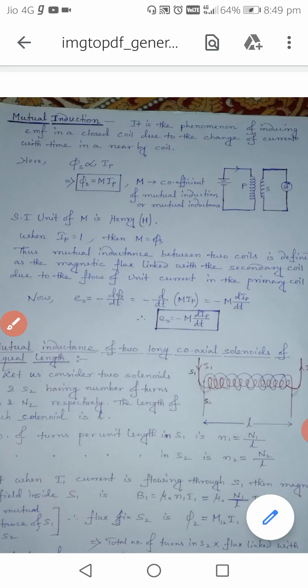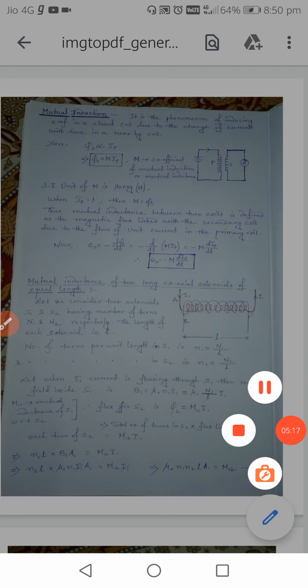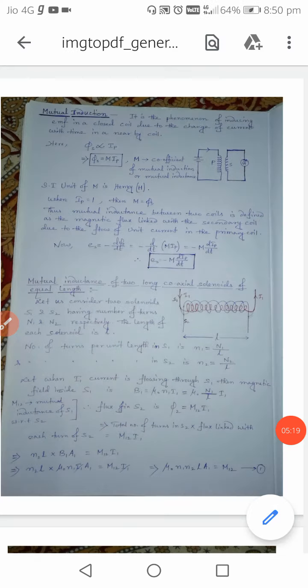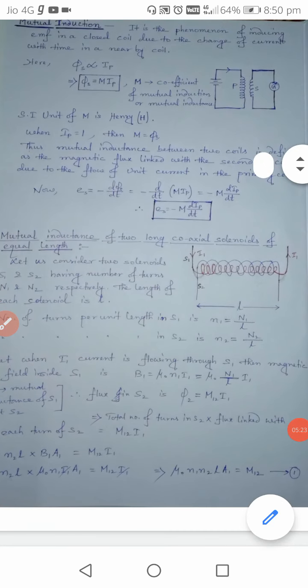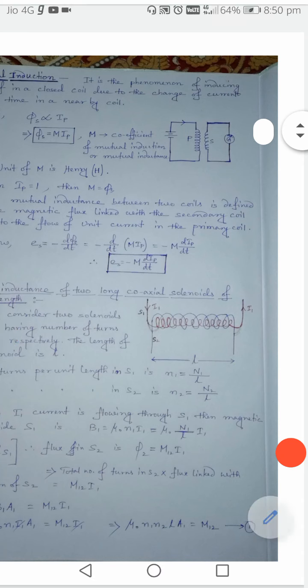Now here we considered two coils. This is a very important topic: mutual inductance of two long coaxial solenoids of equal length. So here we considered two coils like this.